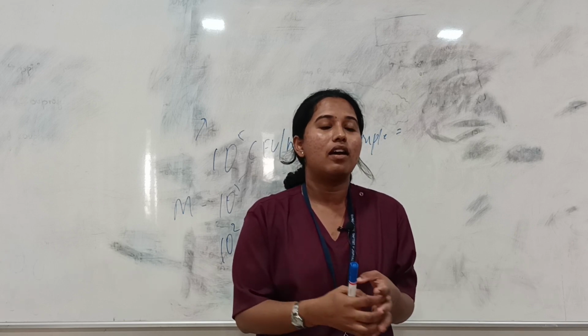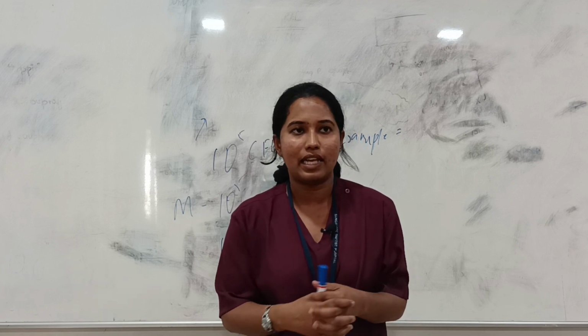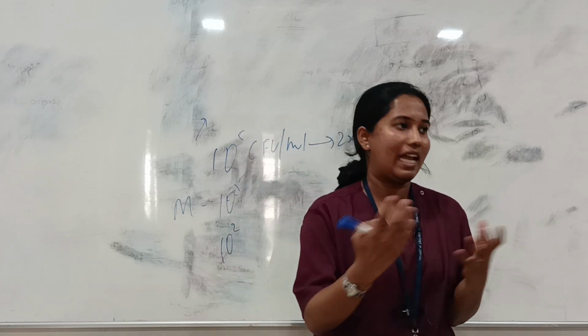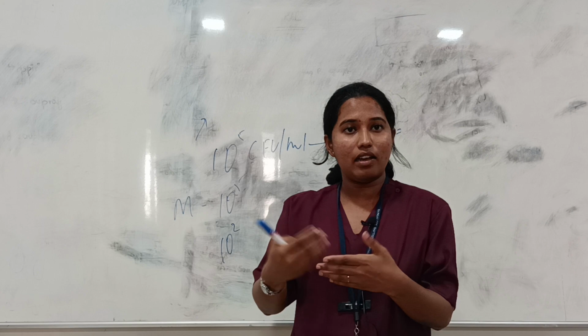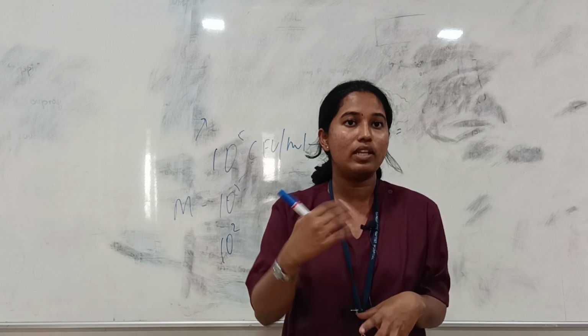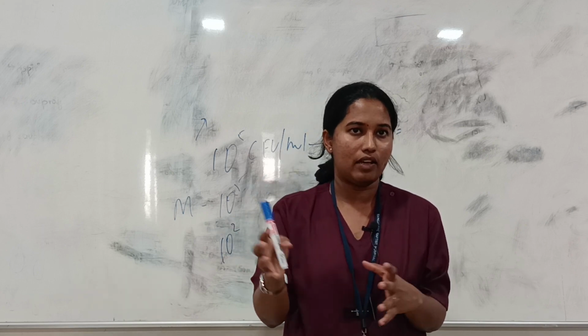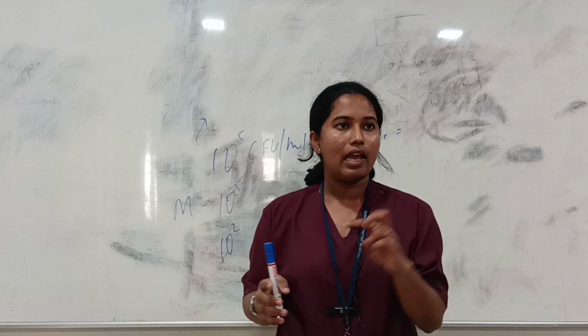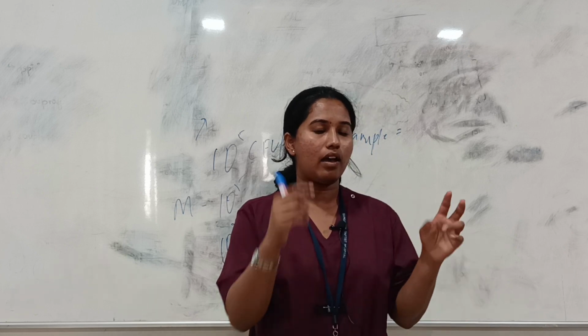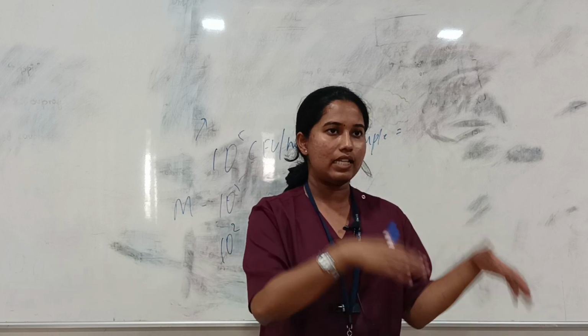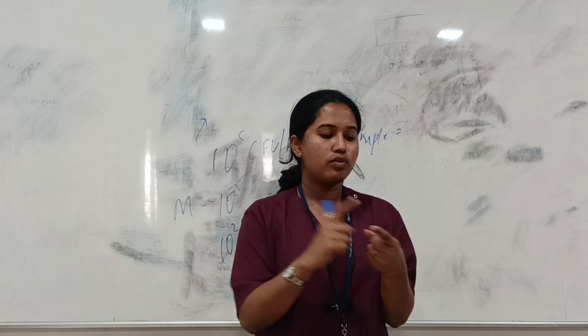Some patients might have urinary retention because of neurological symptoms. So they should have an underlying condition, only then they can develop that infection. That is called complicated UTI, again of 2 types: complicated cystitis and complicated pyelonephritis.